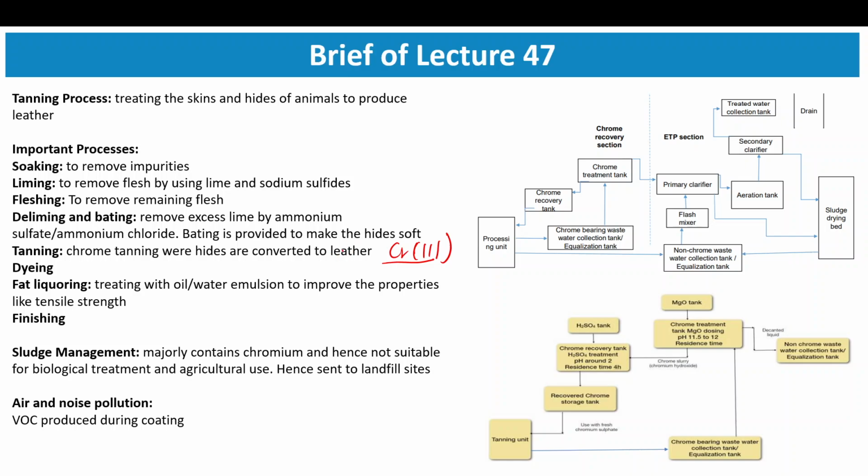Now this leather might not be the end product because it might require further processing in terms of its properties. If you want to apply this leather to, let's say, the build of watches, or if you want to produce leather jackets, then depending on the type of application, the leather generated might not be suitable.